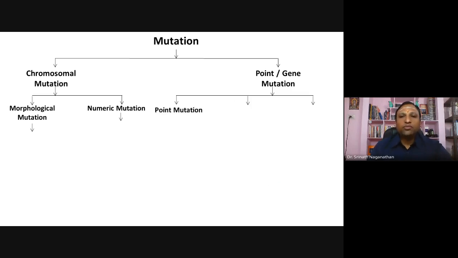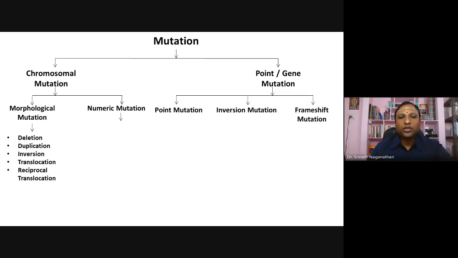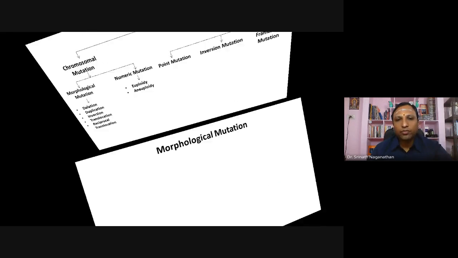In point mutation, we have three types: point mutation, inversion mutation, and frame shift mutation. Morphological mutation can be divided into deletion, duplication, inversion, translocation, and reciprocal translocation. In numeric mutation, we have euploidy and aneuploidy.